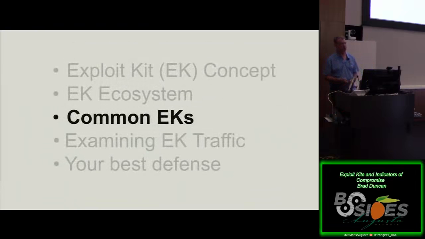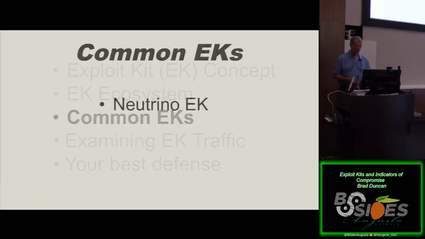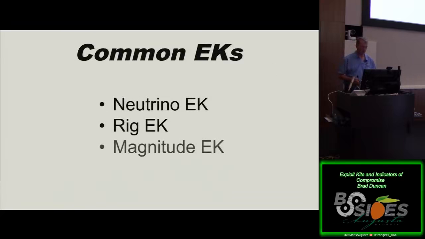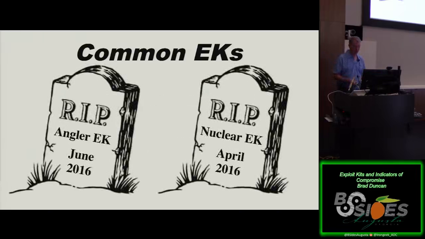Common exploit kits. The three common exploit kits that I currently see are Neutrino, Rig, and Magnitude. At this point, these are just names. If anybody is curious about other exploit kits, Angler was a big name, probably the biggest in 2015, and throughout June 7th, I believe, of this year.